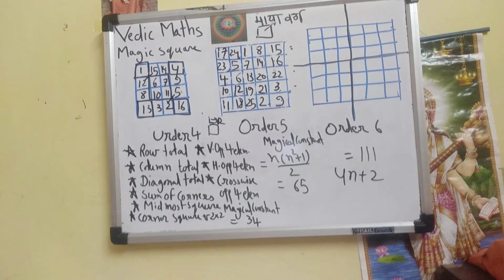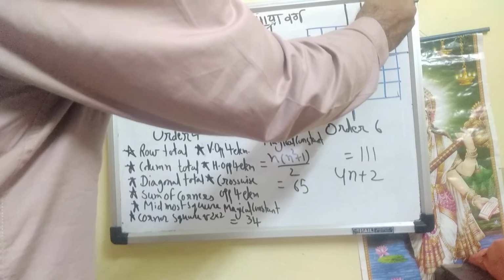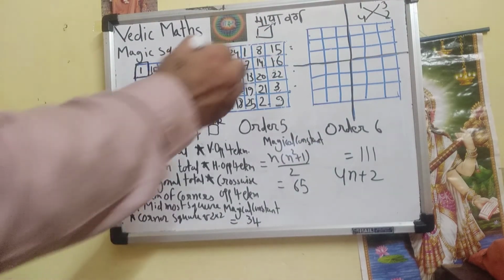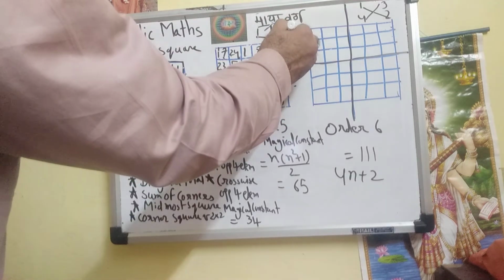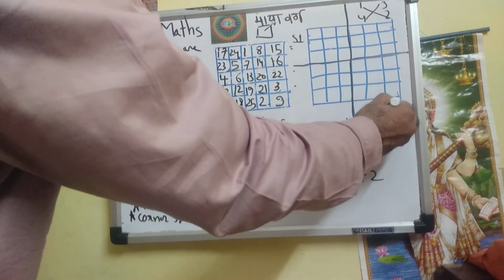Now we have to name these 4 squares and number them 1, 2, 3, 4. This is square 1. This will be square 2.